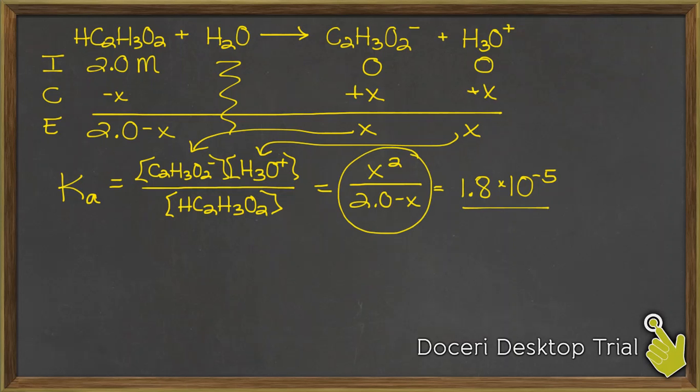We graphed it, we found the intersection. If you need to review that process, please go back and watch the video on it. But when you do that, if you've done it correctly, x should come out to be approximately this number. Okay, might be off by a digit or two depending on how your calculator rounds.